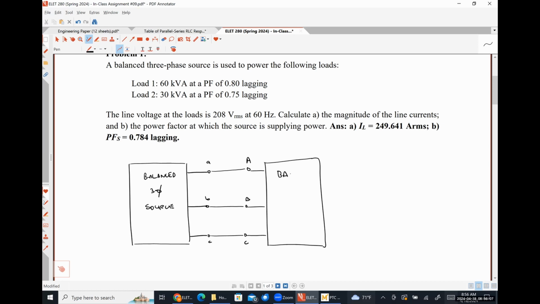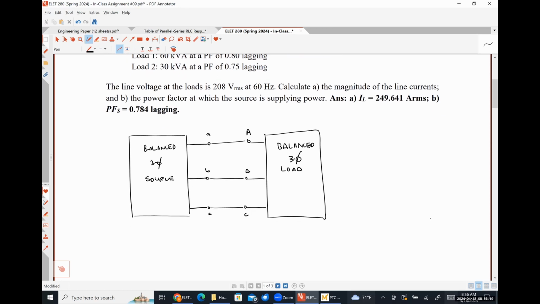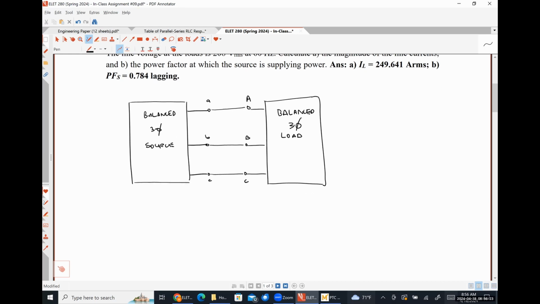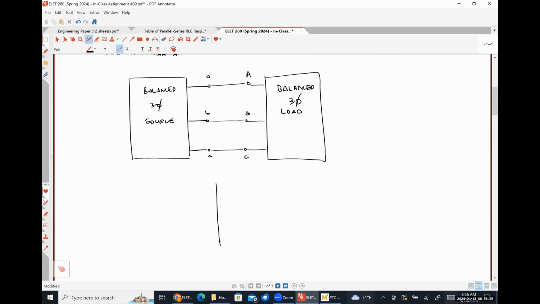So this is a balanced three-phase load. Actually, we have two balanced three-phase loads. So let's connect the second one down here, just for the sake of argument.